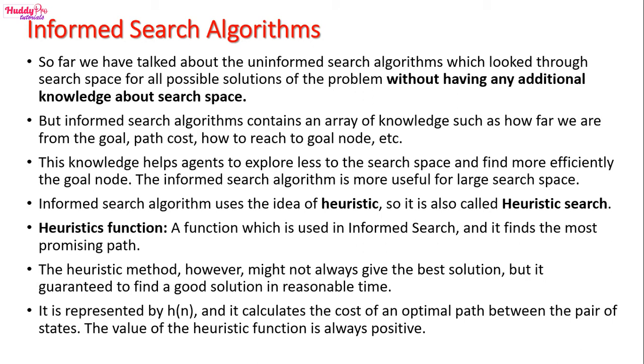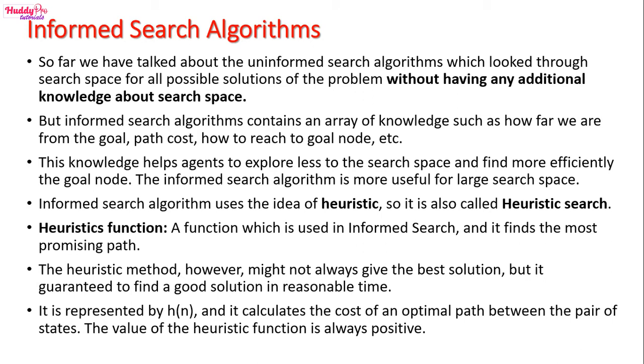How far are we from the goal? So as the agent is traversing, as it employs this algorithm to search, it will have that knowledge. How far is left to reach the goal? What is the path cost of the path that I'm going to reach at any state?